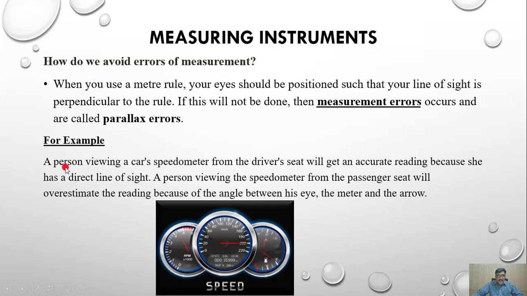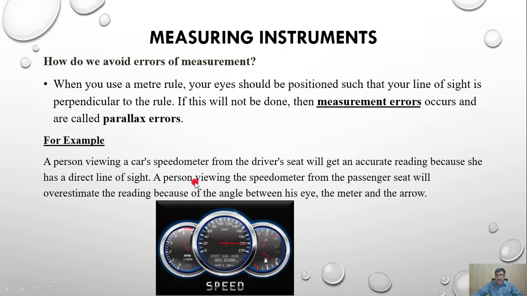So here is one more example. A person viewing a car's speedometer from the driver's seat will get an accurate reading because she has a direct line of sight. If you are driving a car and viewing the speedometer, you will get an accurate reading because you are sitting in front of the speedometer.